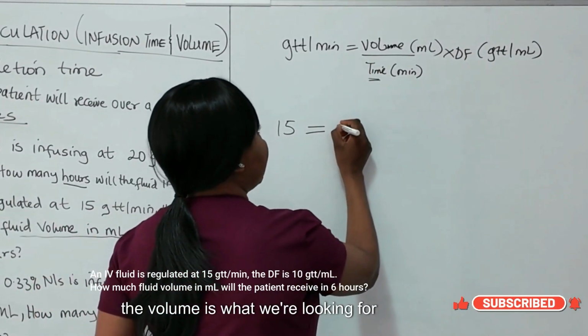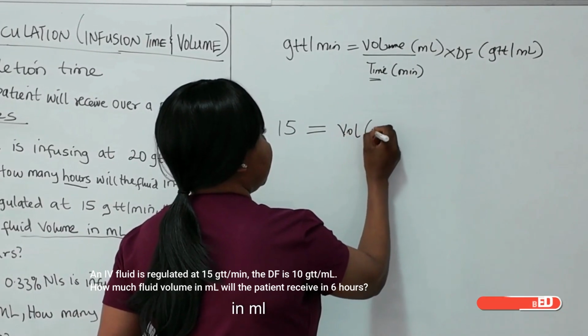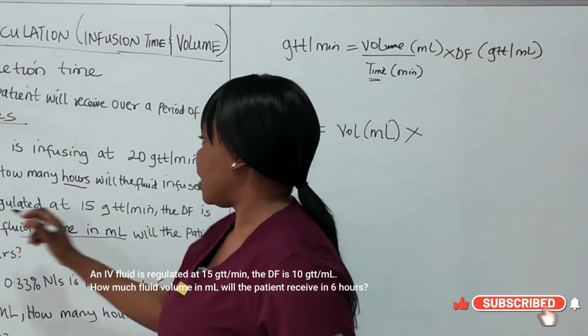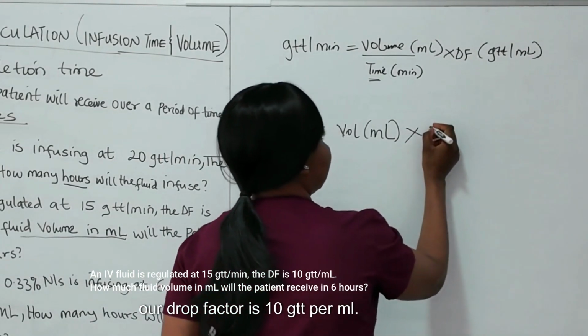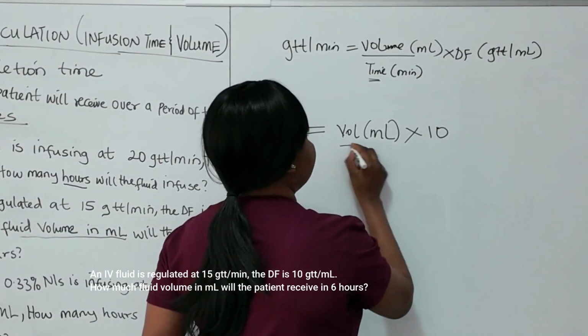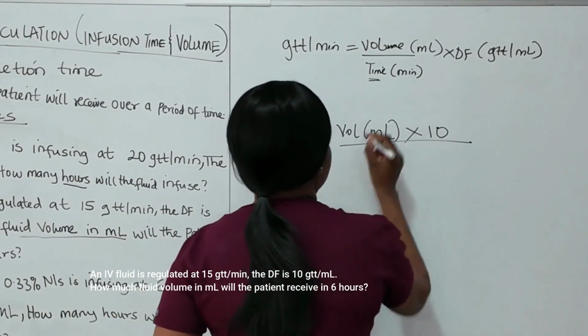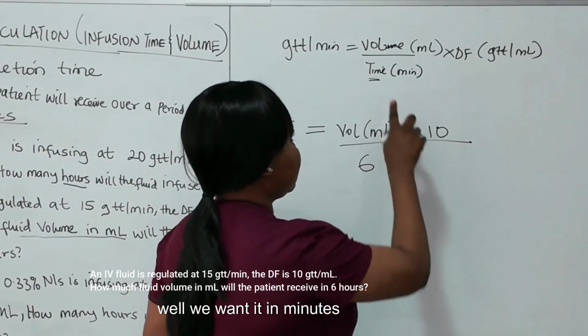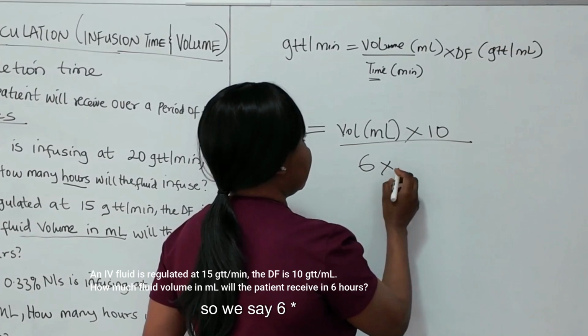The volume is what we're looking for in ml. The drop factor is 10 gtt per ml. Our time says 6 hours, but we want it in minutes, so we say 6 times 60.